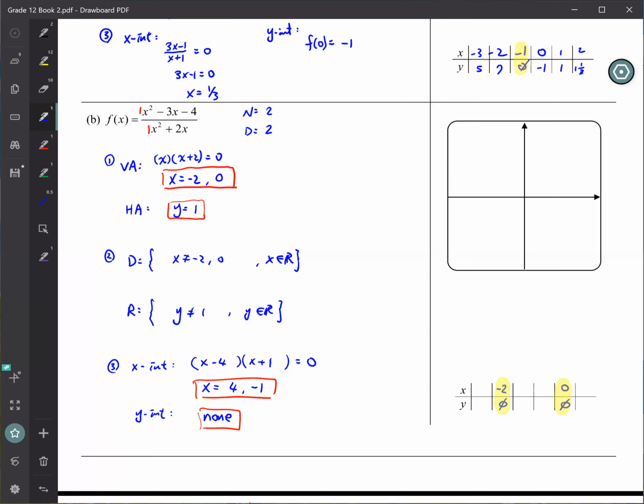Okay, are you guys finished the table yet? I think this one is a bit difficult. It takes a bit longer, right, to plug it in. You have square inside, but you can use calculator, right?